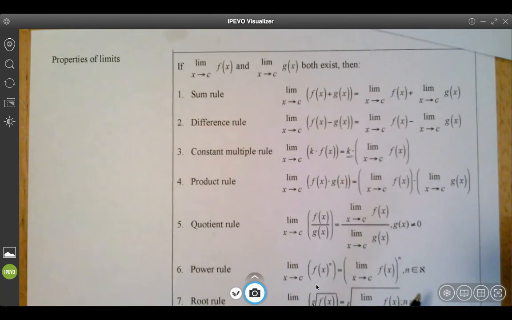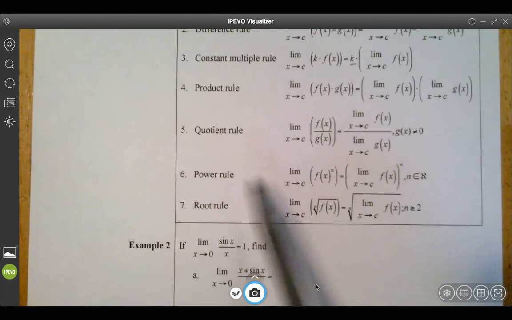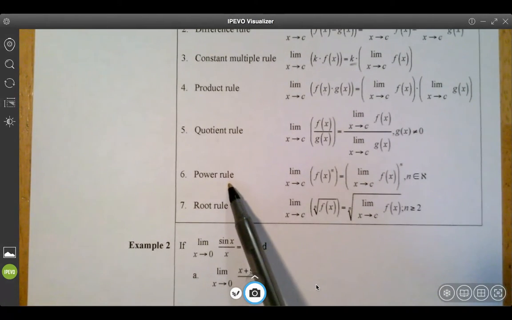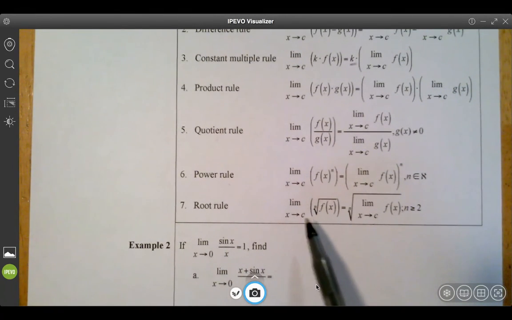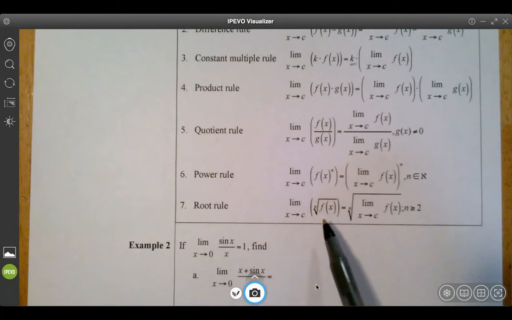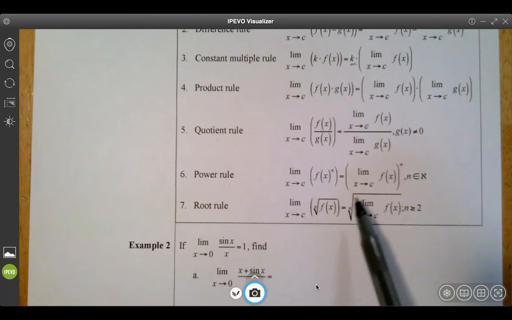And then lastly, if I can do it for multiplication, I can do it for repeated multiplication, and therefore we have the power rule. And this is unique because this doesn't usually happen for functions, but it does work for limits, that we can do a square root rule or a radical rule, which is that if I take the nth root of the function, I can take the nth root of the limit. So let's see how to apply these.